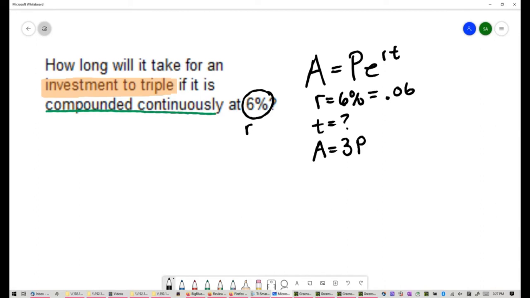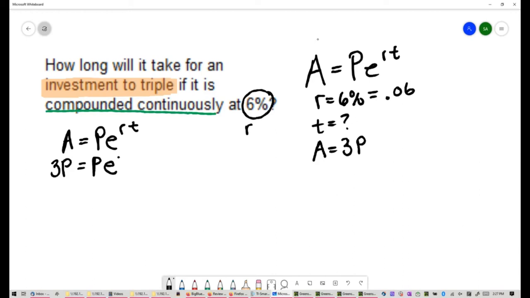So we can now substitute this information into our formula and be able to solve for time. So starting with our formula, A equals Pe to the rt. A is 3 times P. It's trying to triple the amount we started with.